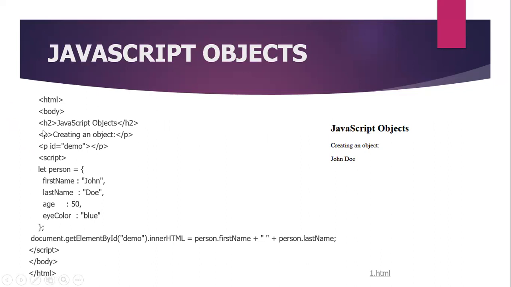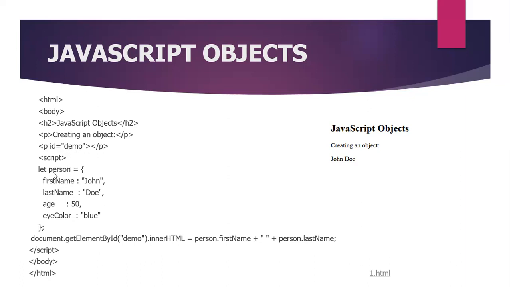This is an example program. So HTML body, under the H2 tag, I'm giving JavaScript Objects. Using the paragraph tag, I'm creating an object, with the ID demo.